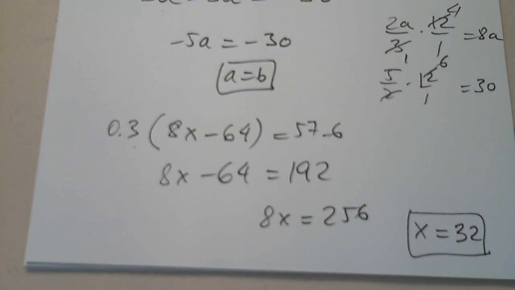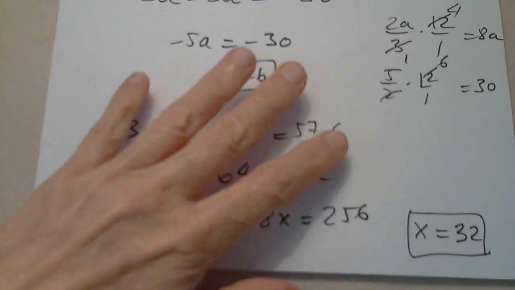Okay, determine whether or not the ordered pair is a solution. All we have to do is plug in the x value and see if we get the y value given to us. Is it a yes or a no?